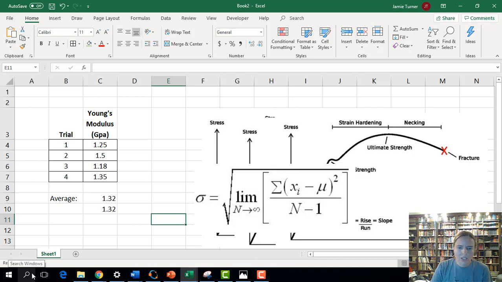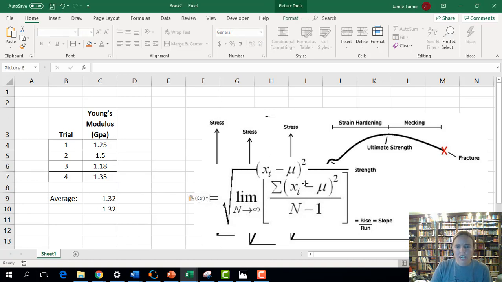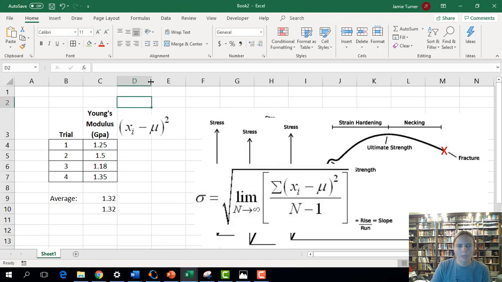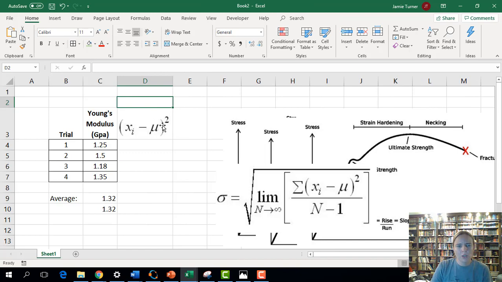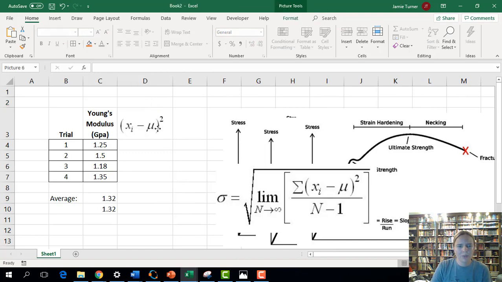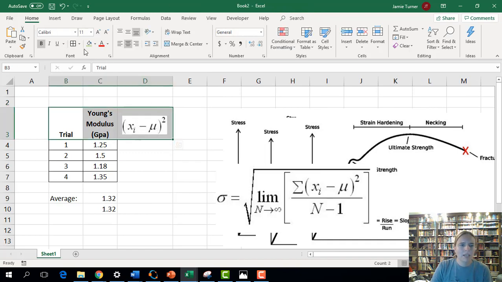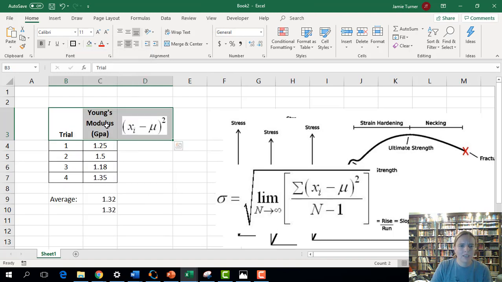So what I think I'll do here is I'll just take a little chunk out of this numerator. So I'm going to take this little difference here, and I'm going to make a whole new column to just do this difference. Okay, maybe I should format this table a little bit here.